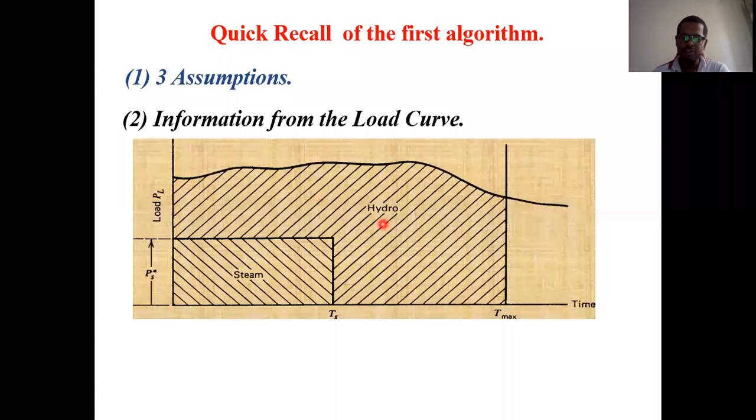When you consider the hydro power plant, the top line of this curve is the load. The hydro power plant is continuously operating from the start to the maximum time, that means from 0 to Tmax. But the steam or thermal power plant is operating only from 0 to Ts, or Tt. I already told you that you can represent either Ts or Tt, both are the same: S means steam, T means thermal.